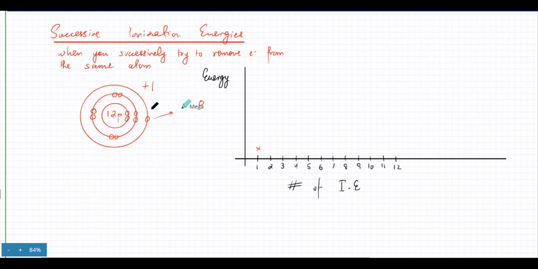Net positive charge slightly increases by 1. So only one factor is important. Distance and shielding and every other factor is pretty much the same. So net positive charge increases. So ionization energy slightly increases because only one factor is in play.